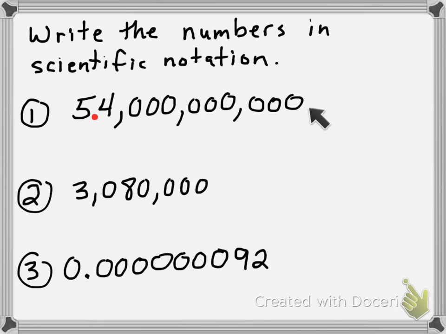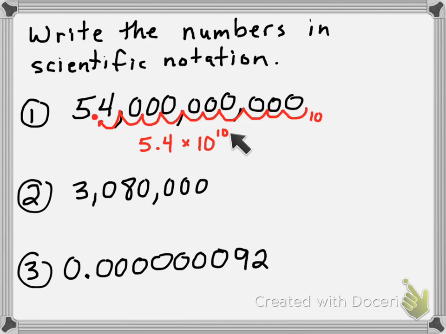So how far did it move to go all the way over here? Well, it went 1, 2, 3, 4, 5, 6, 7, 8, 9, 10. So it moved 10 places. Now with the decimal right there, this number looks like 5.4, because I can get rid of all those zeros, and it will be times 10 to the 10th place, because this 10 is my exponent.